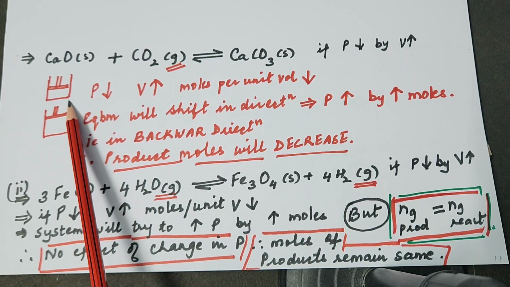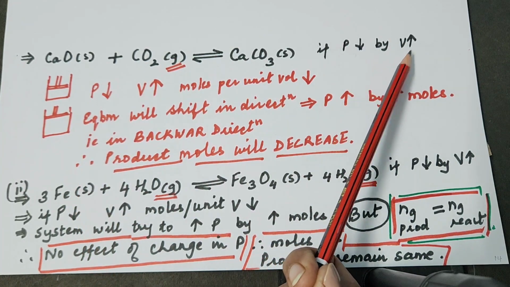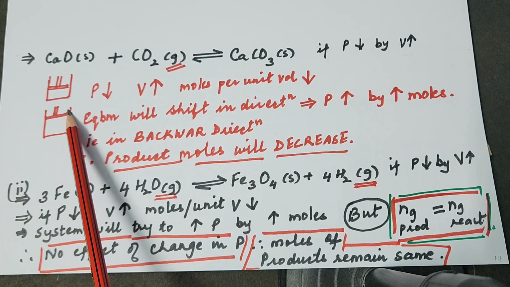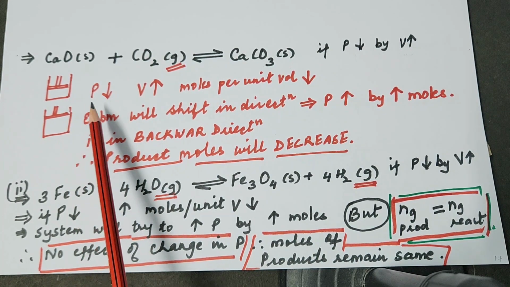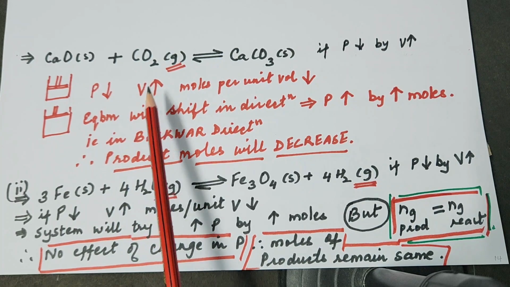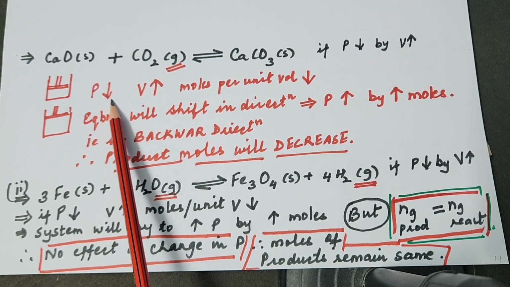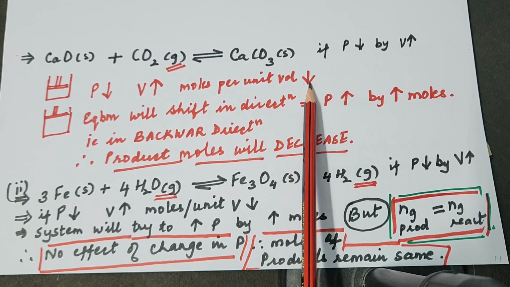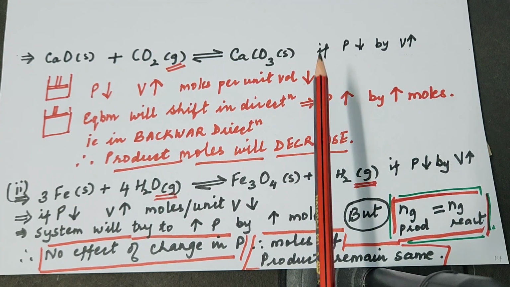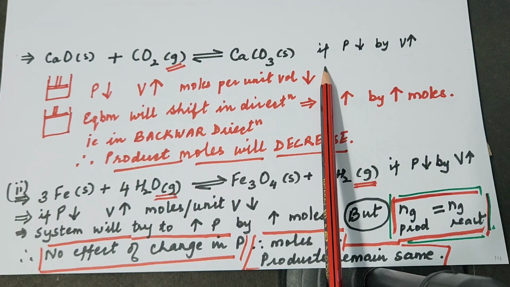As soon as the pressure decreases, even if it was not stated that the volume is increased, the volume will increase. Or if the volume will increase, obviously the pressure will decrease. So pressure decreased, volume increased. Whatever happens to the pressure, the same happens to the number of moles, and the system will try to undo this change. How will it undo? By trying to increase the number of moles.